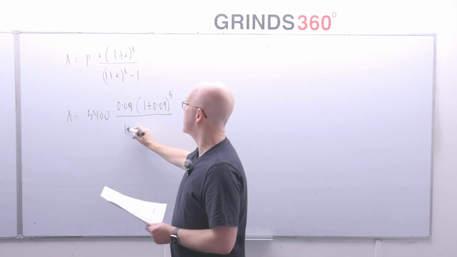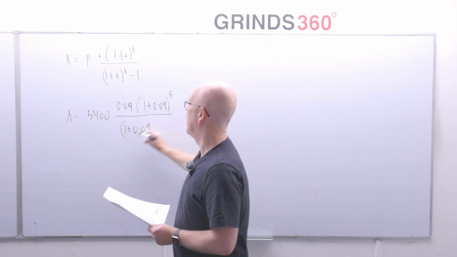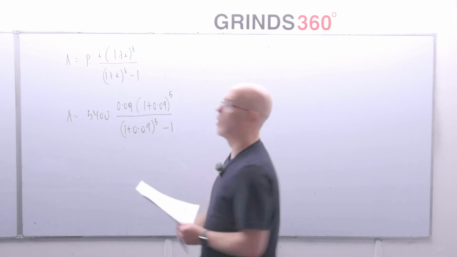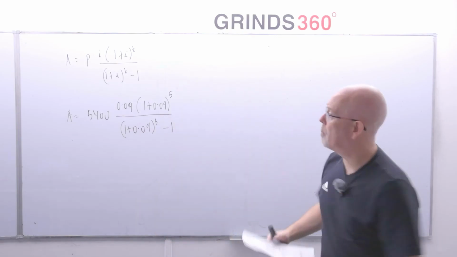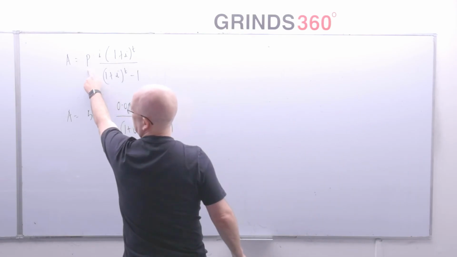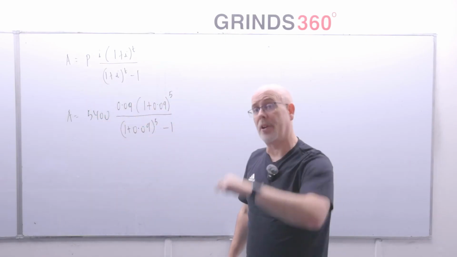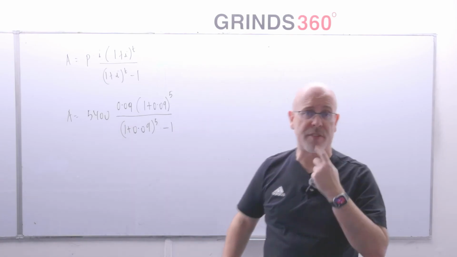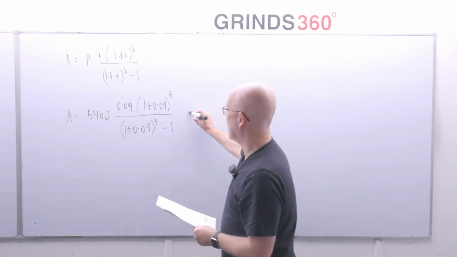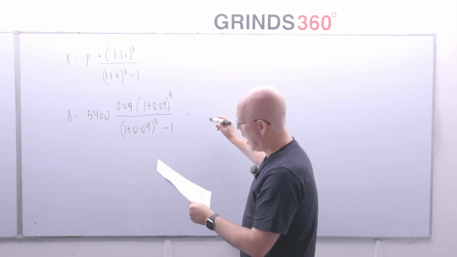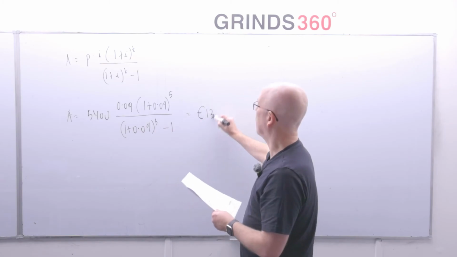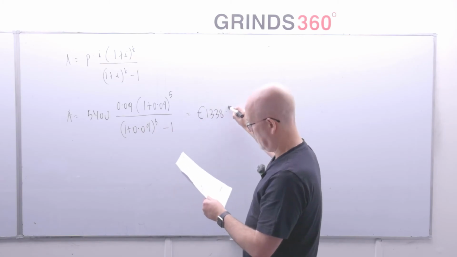Then it's 1 plus 0.09, to the power of 5, minus 1. So P is the amount he borrowed, 5,400. I is the interest rate as a decimal, 0.09. And T is the time, which is 5. If you just dump that into your calculator in one go, you get 1338.30.